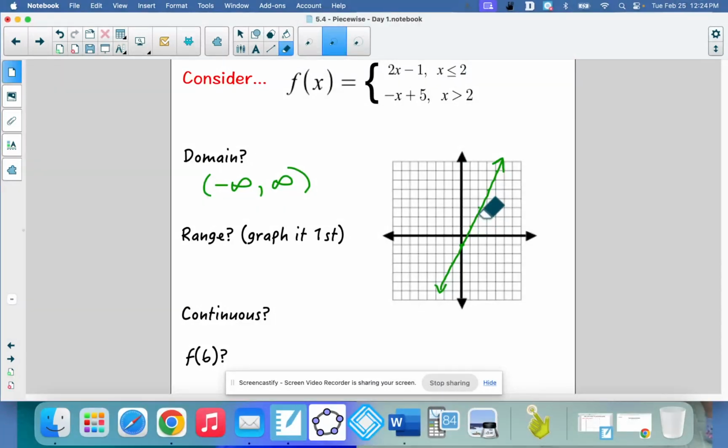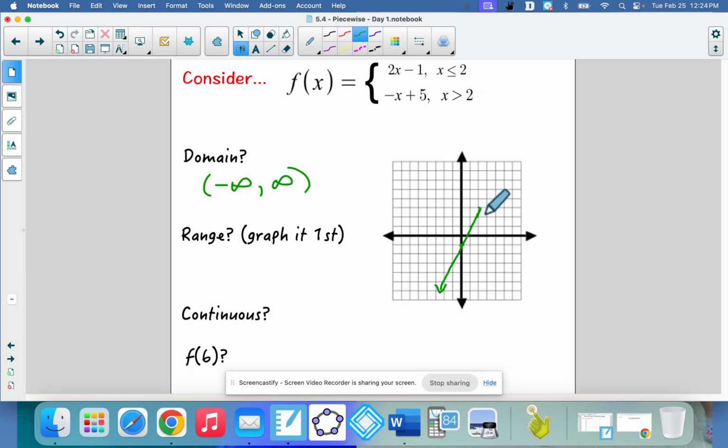I only want the parts here that are less than or equal to 2, so I am going to erase everything that is bigger than an x value of 2. I didn't draw it great, but you get the idea. So this is the graph from less than or equal to 2.